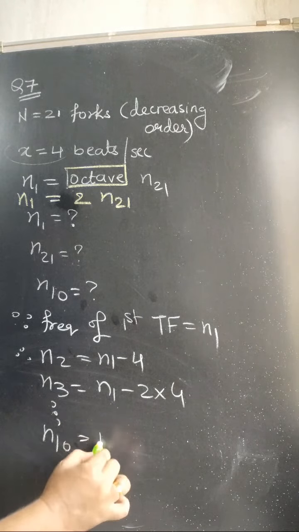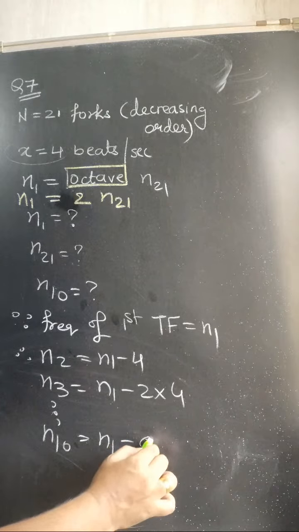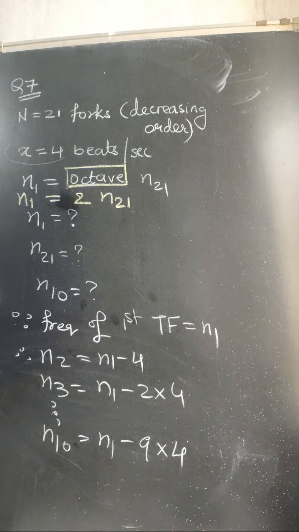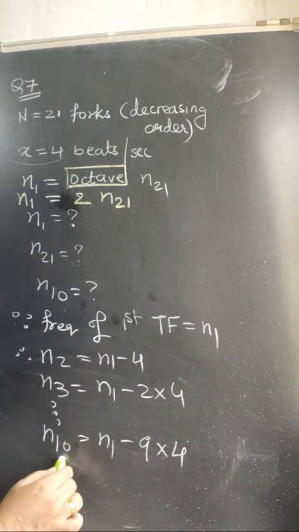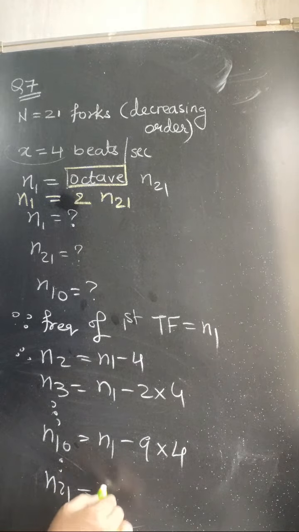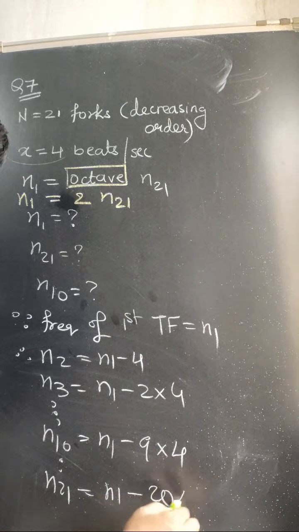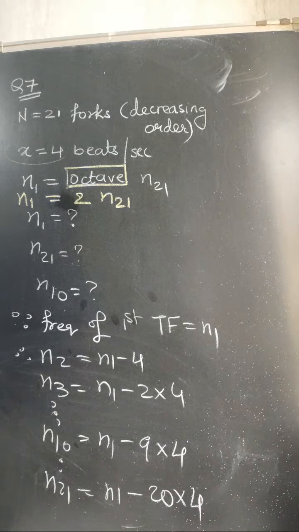Similarly, students, what will N10 be equal to? N1 minus 9 into 4. And similarly, N21 will be equal to N1 minus 20 into 4. I hope you are able to understand this part, everybody.